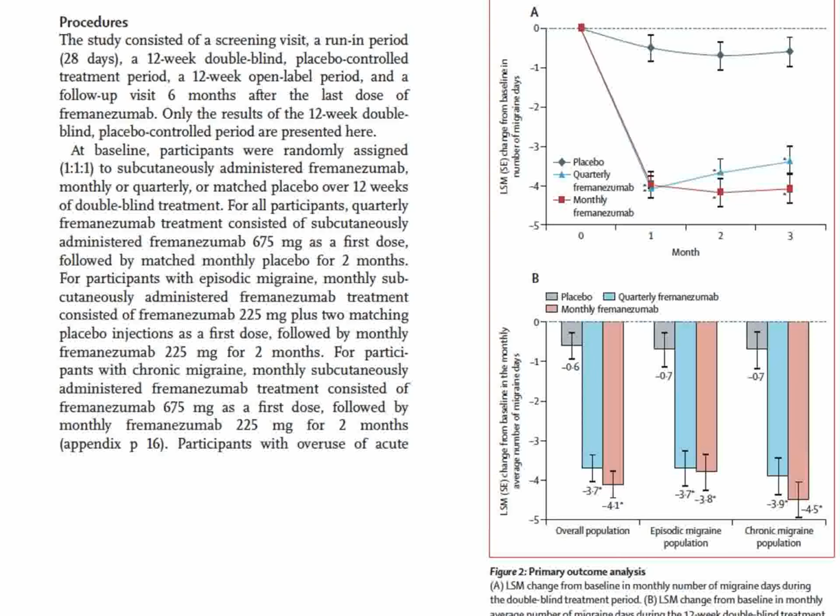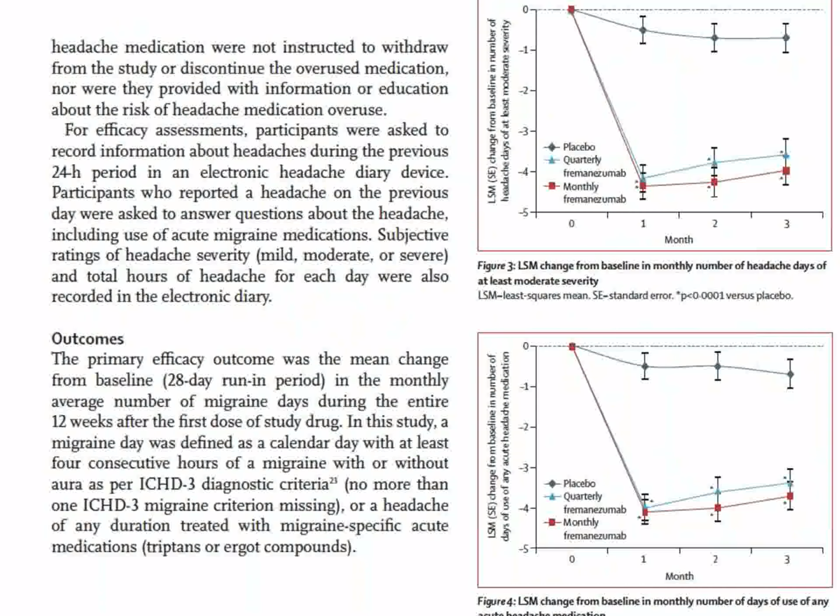The change from baseline in the number of migraine days plummets in the two antibody groups, even in the patients that only need this once a quarter compared to the patients that get this once a month. And so comparing this to placebo, this looks like a positive result for this calcitonin gene-related peptide signaling blockade strategy.